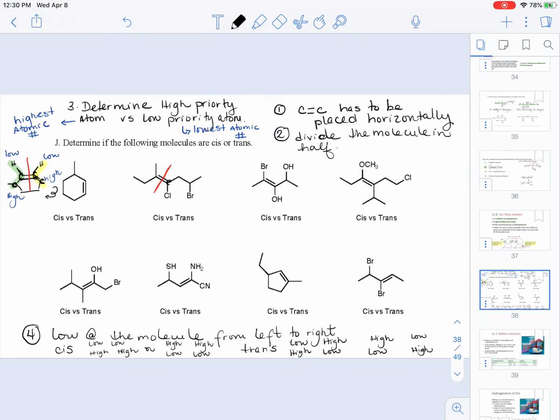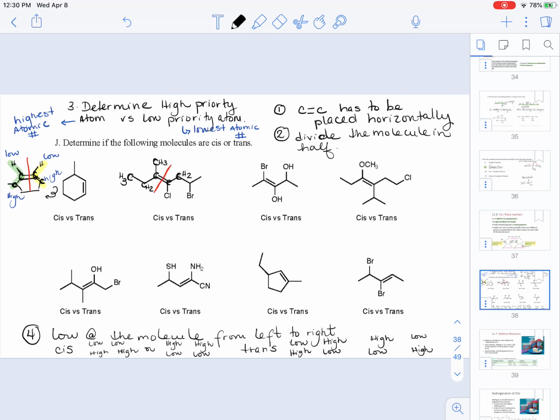Then I'm going to look at the atoms that I have in the molecule. Here there's a carbon. Here there's a carbon. Here there's a carbon. Here there's a carbon. Here there's a carbon. Here there's a carbon. And those carbons have hydrogens. This one has 3. This one has 2. This one has 3. This one has 2.